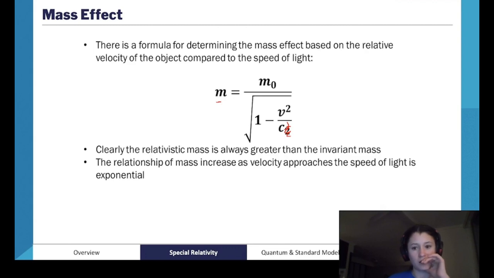We're dividing by a small number. So when you're dividing by a small number, you end up with bigger pieces.